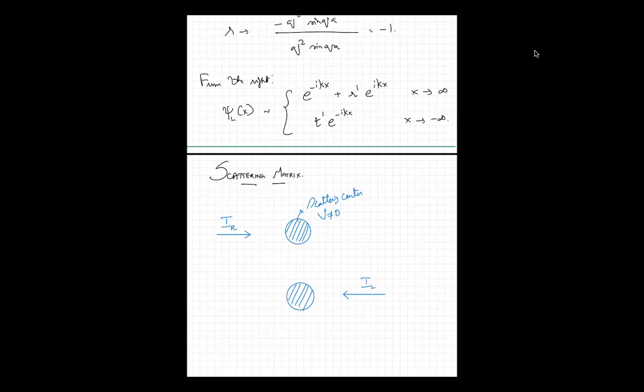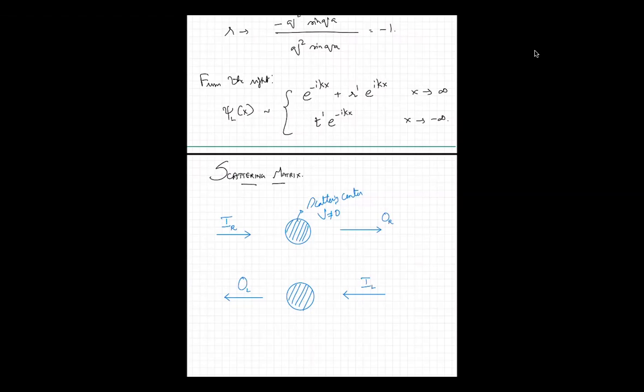Now, if I throw it from the left, the particle can also go to the right. And if I throw it from the right like this, the particle can be scattered to the left. So this I will call an outgoing wave, but since it is traveling to the right, I will call this O sub R. This is also an outgoing wave because it is going away from the scattering center, but I will call this O sub L because it is traveling to the left.